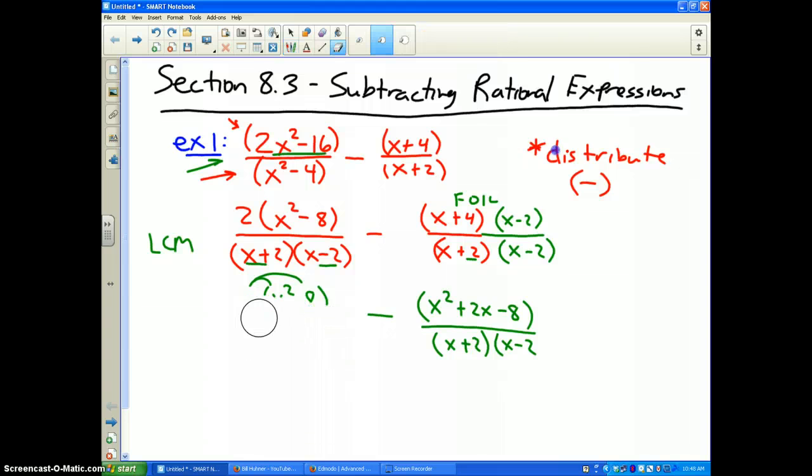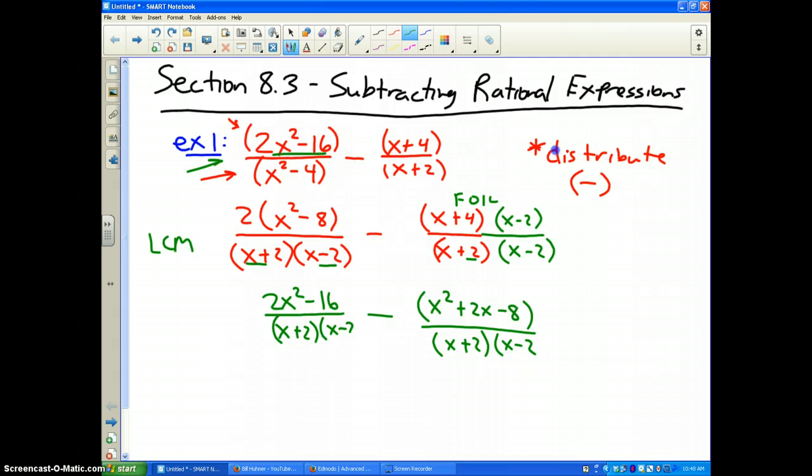I'm going to erase this, and I'm going to rewrite it back as 2x squared minus 16, the whole thing divided by x plus 2 times x minus 2. All right. At this stage, I need to distribute my negative sign. It's minus this whole polynomial.